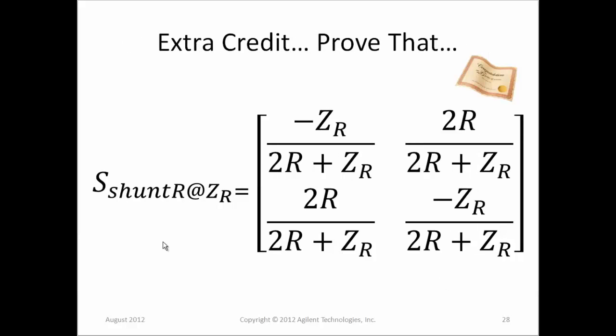Now if you remember, with the Z parameters we had an issue that they could do series not shunt and shunt not series. That's not the case with the S parameters. They can handle shunt and series perfectly well, and if you want extra credit, you can redraw the diagram in slide 26 and figure out what the S parameters of a shunt resistance are. Turns out to be these equations.